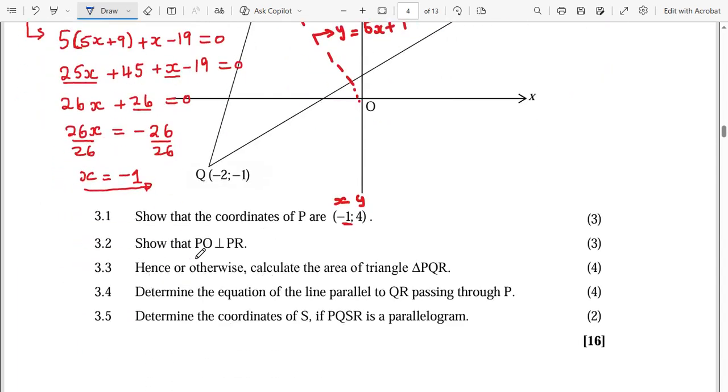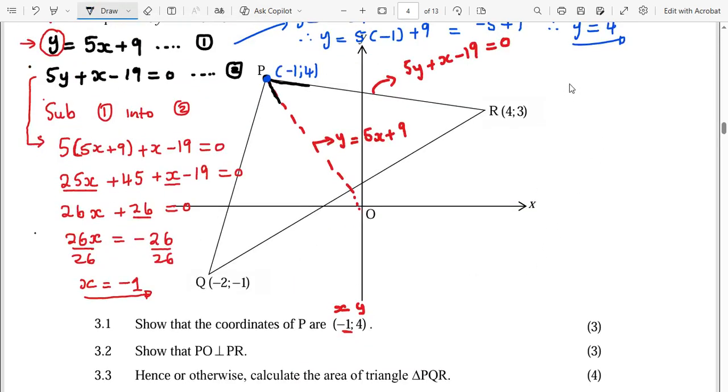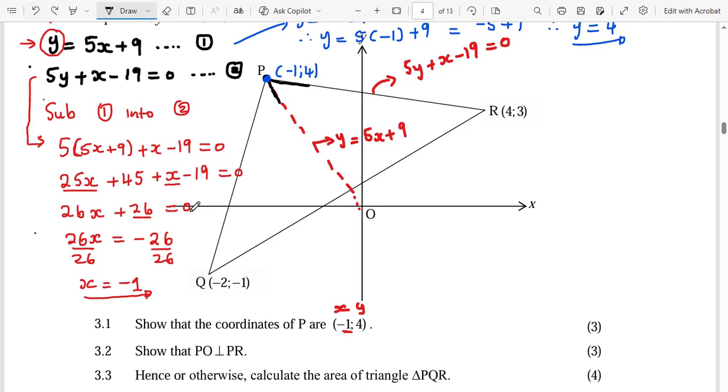The next question says show that PQ is perpendicular to PR. What do you know about the gradient of perpendicular lines? To answer this 3.2, we need to show that PQ is perpendicular to PR.